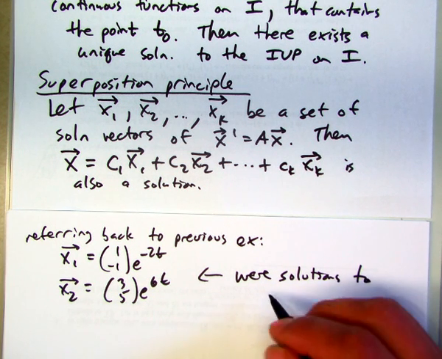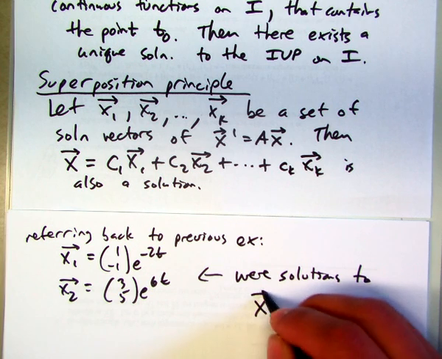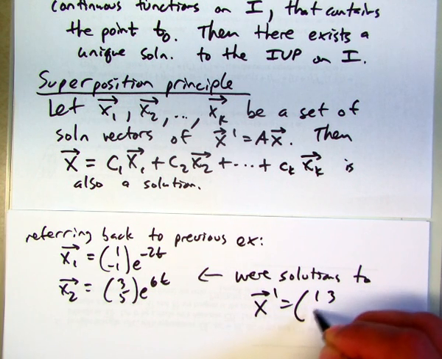To the system x prime equal to the matrix (1, 3; 5, 3) times x.